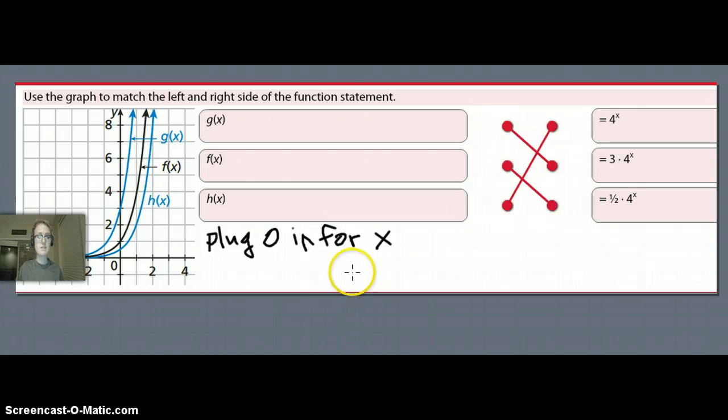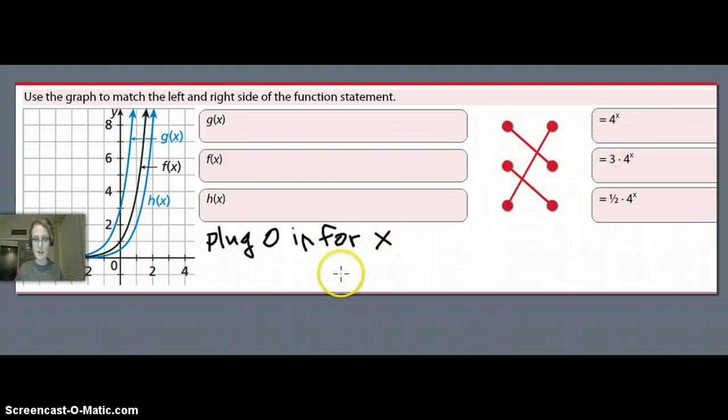We're going to do that on each of our equations, but we'll start out with this first one. So that means when x, remember it's on the horizontal axis, is 0, we want to figure out what coordinate it gives for y. And then we'll be able to see which graph it corresponds with. So let's try for the first one.